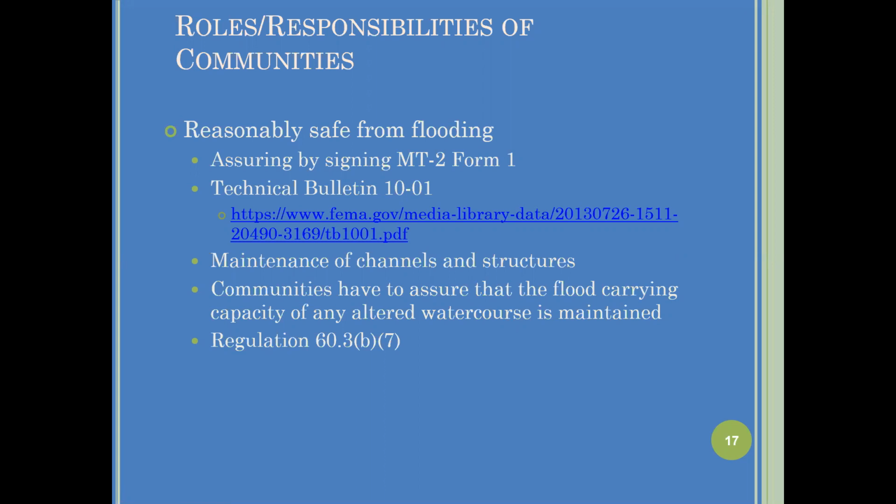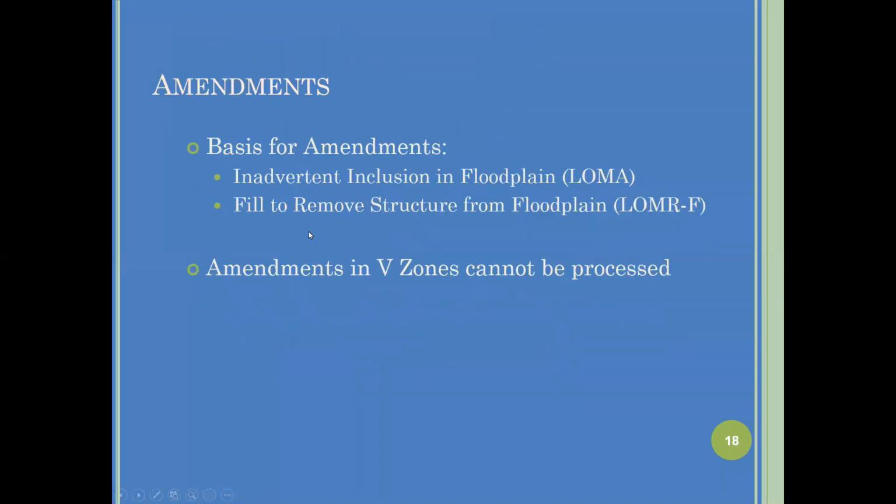There's one example that I know of: the city of San Buenaventura in 1997 was denied a disaster grant to fix a ditch because damages to the ditch were due to a lack of maintenance of that ditch prior to the disaster. Communities have to assure that the flood carrying capacity of any altered water courses is maintained. That's basic maintenance.